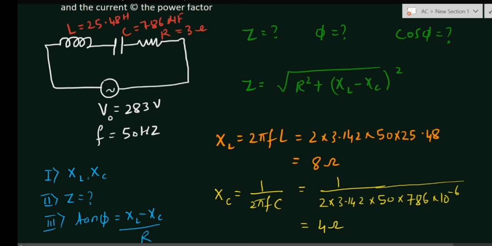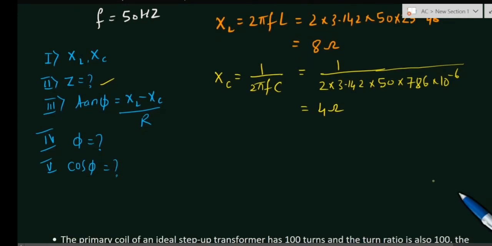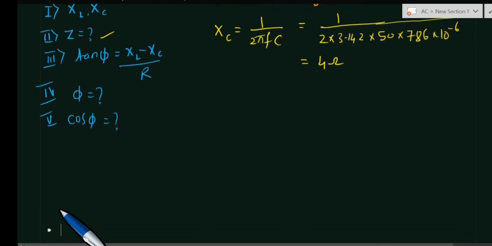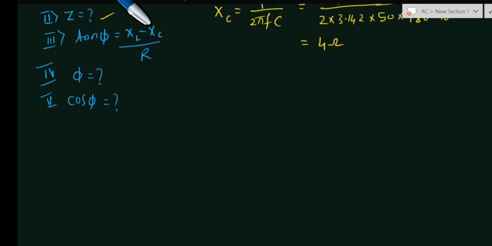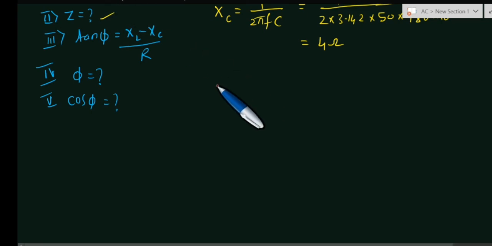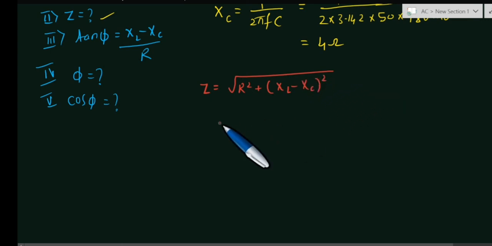And next we will calculate Z. Z is equal to square root of R square plus XL minus XC whole square.